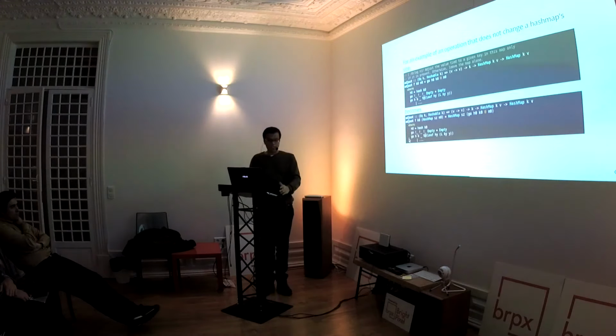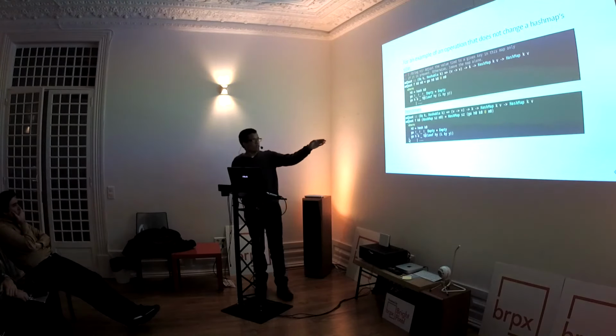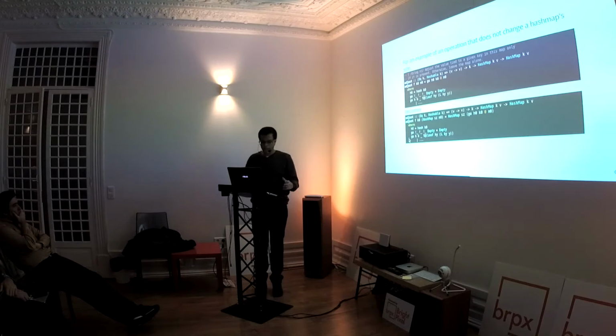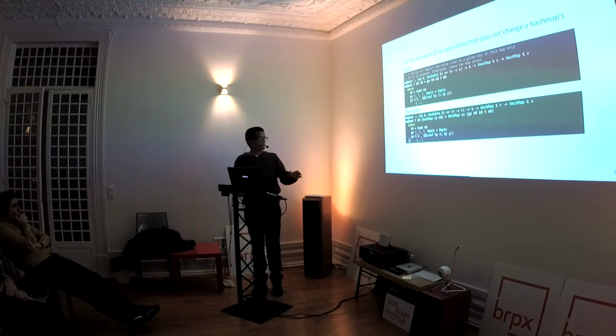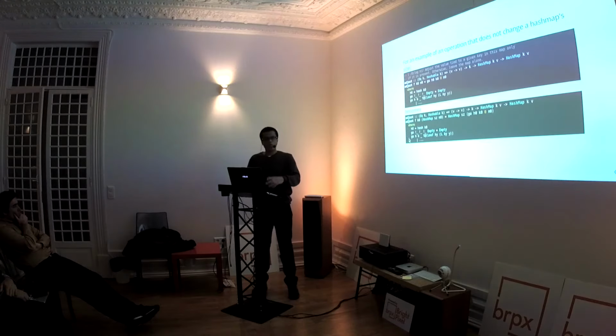But now, since the function isn't supposed to change the hash map size, we just keep the previous size, which is SZ there. And then we return the new hash map, which is the result of applying the helper function, because all of these functions have helpers because of the underlying structure of the hash map. The functions that operate on it are a bit complex, so the package is structured in a way such that internal functions are usually more than one, and they're almost always called Go, which is a standard in Haskell, more or less.